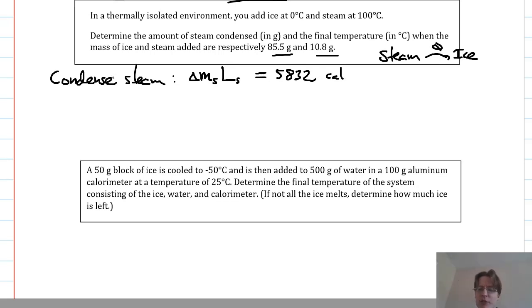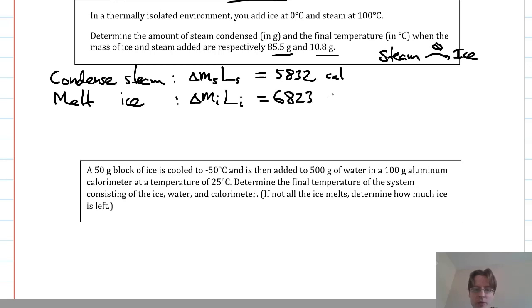Okay, let's compare that against the heat needed to melt all the ice, all 85 grams of it. That's a delta m L, delta m ice, L for the ice. That's 85.5 grams. The L for melting, the heat of fusion, is 79.8. So this number comes out to be 6823 calories.